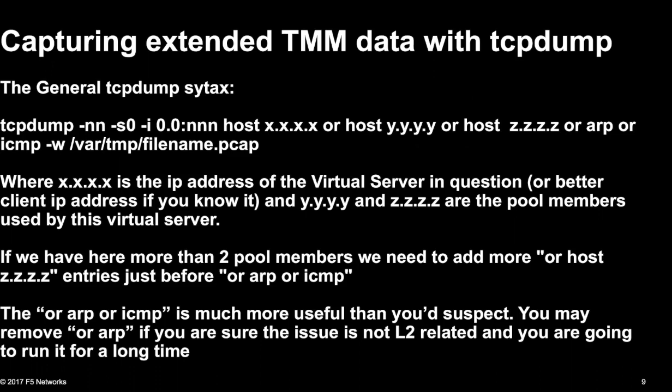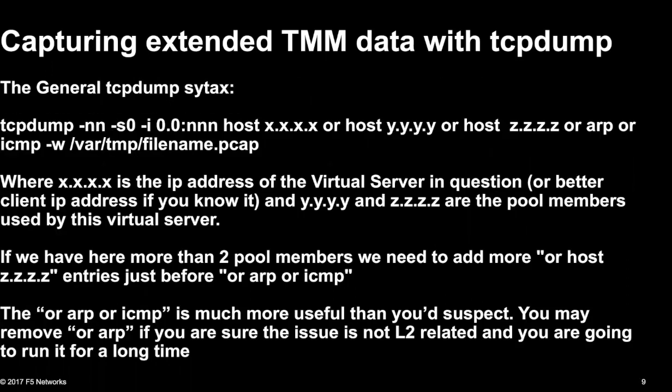So where the first host is the IP address of the virtual server in question, or better, the client IP address if you know it. And the others will represent the pool members. If we have more than 2 pool members, we need to add more 'or host'. So this could get really long.